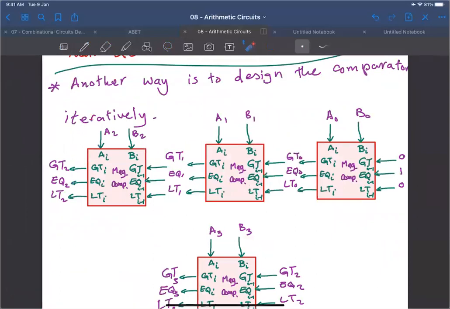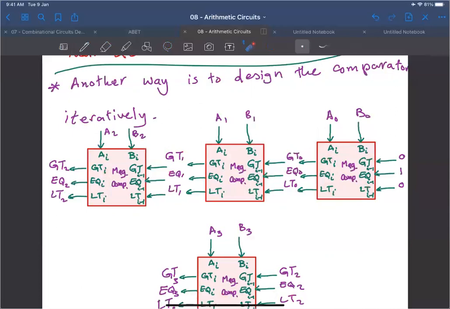So we must design a cell that accepts AI and BI, and also accepts the previous state of comparison, GTI minus 1, EQI minus 1, and LTI minus 1, and produces three signals, GTI, EQI, and LTI. Then cascade it to get our n-bit comparator.